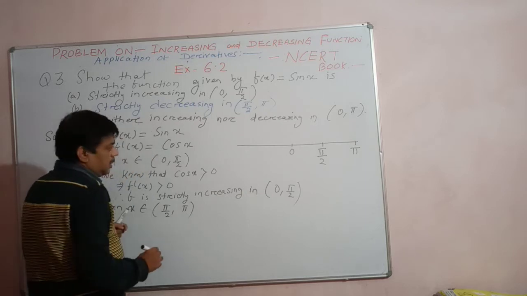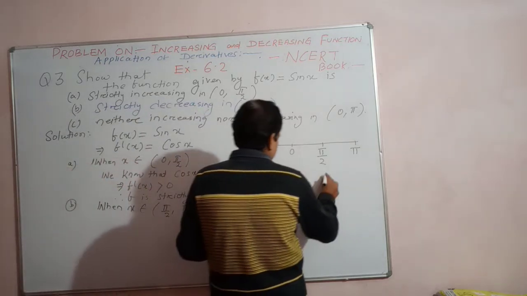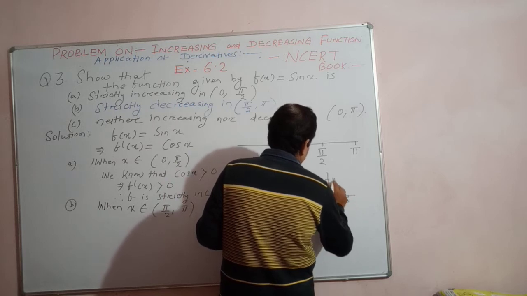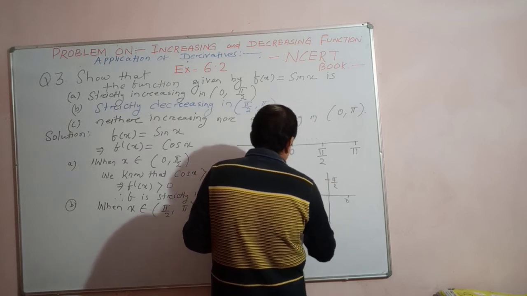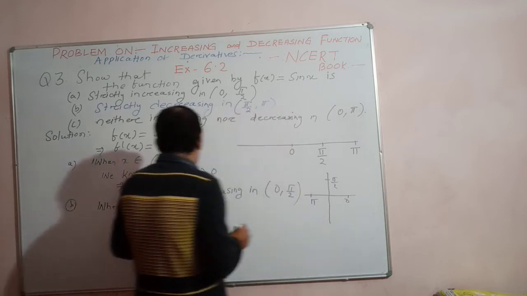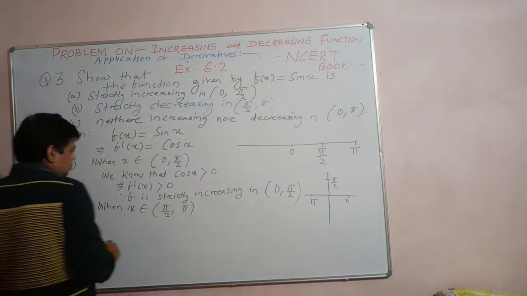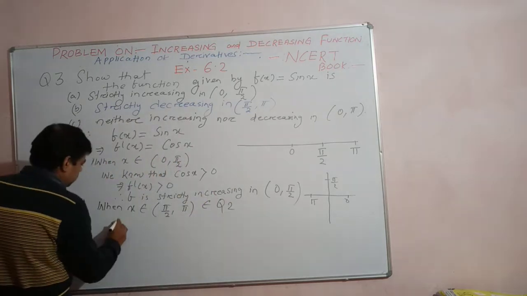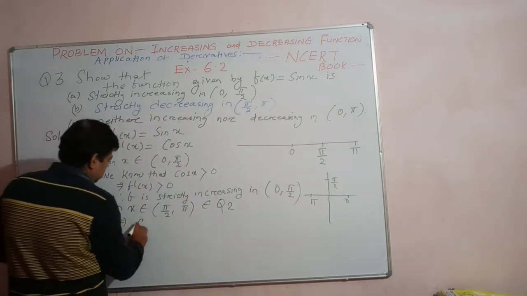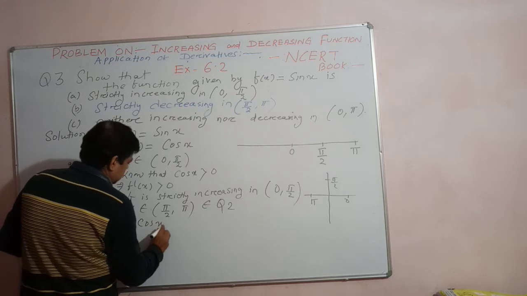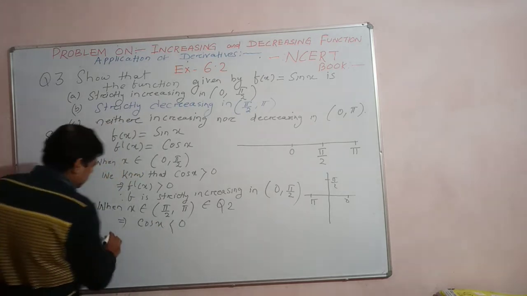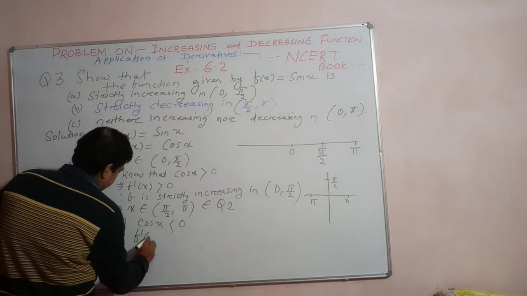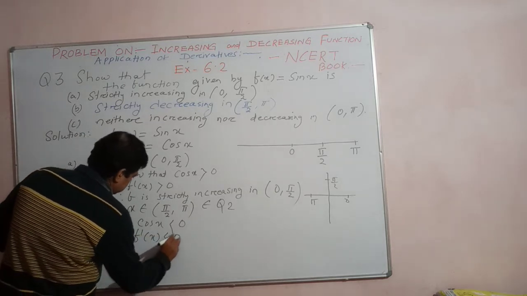Which quadrant is that? 0 to pi by 2 is the first quadrant, and pi by 2 to pi is the second quadrant. In the second quadrant, cos x is less than 0, negative. So that implies f dash x is less than 0.